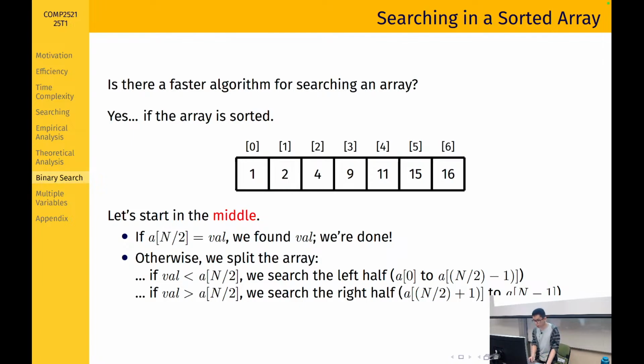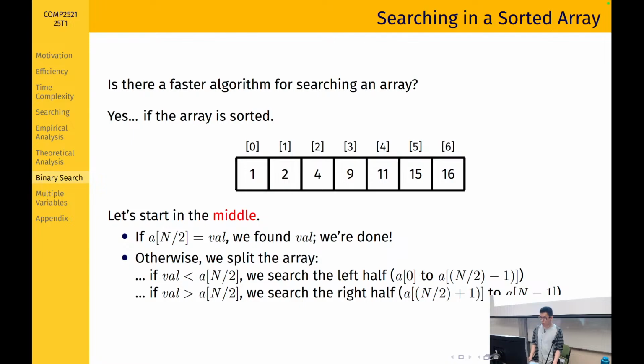So we'll see. But the idea behind it is we start in the middle of the array, right? So we start looking at index 3 here. If we have an array of size 7, we will look at index 3. And if the value that we're searching for is equal to the value at that index, then we found it, right?